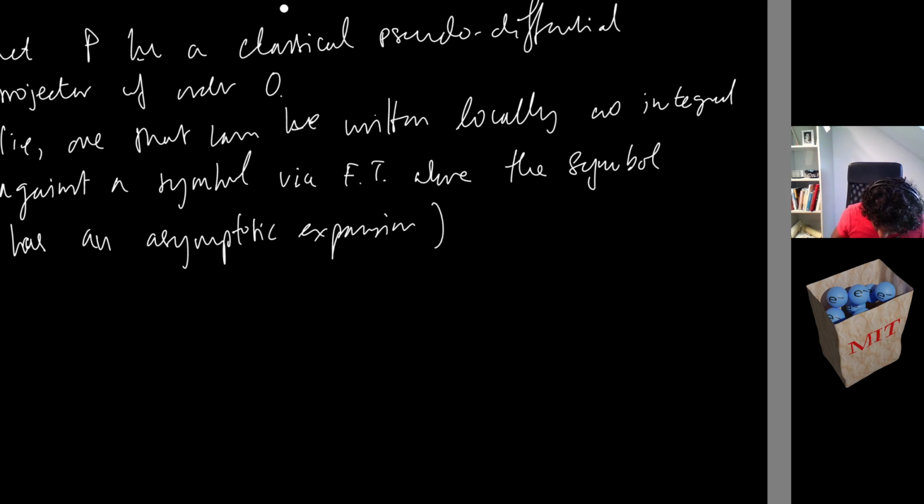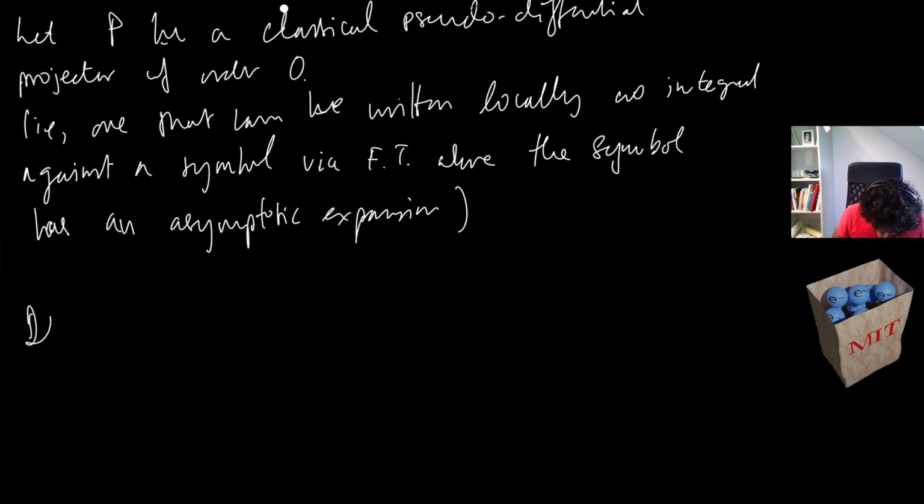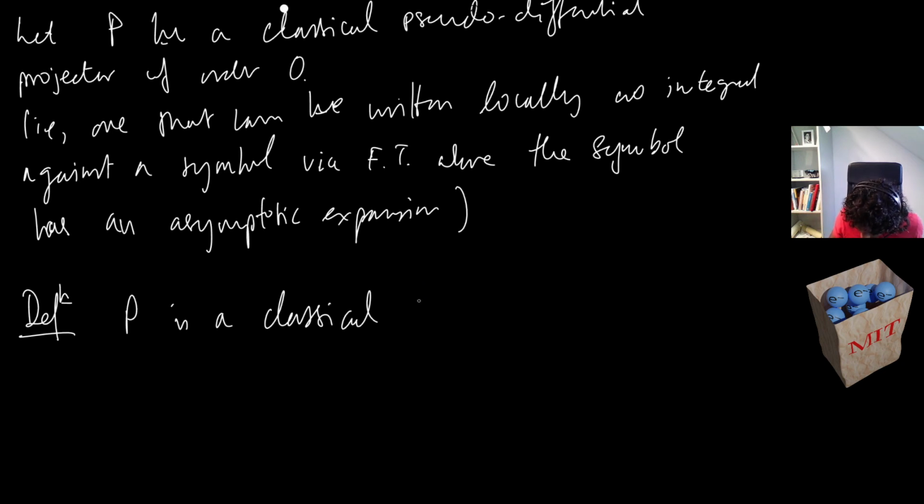Okay, so the definition. So P is a classical pseudo-differential projector of order 0.